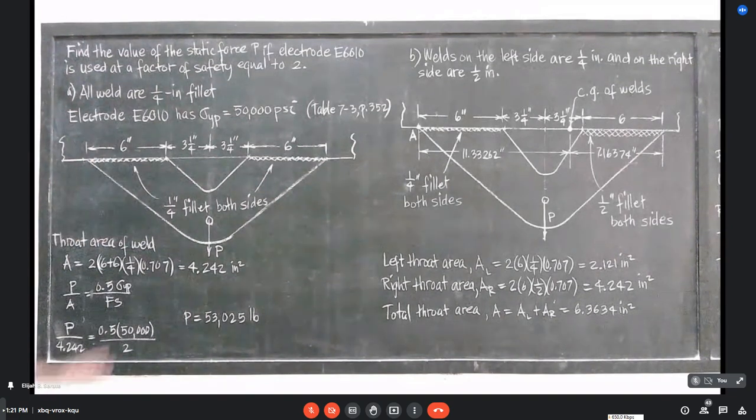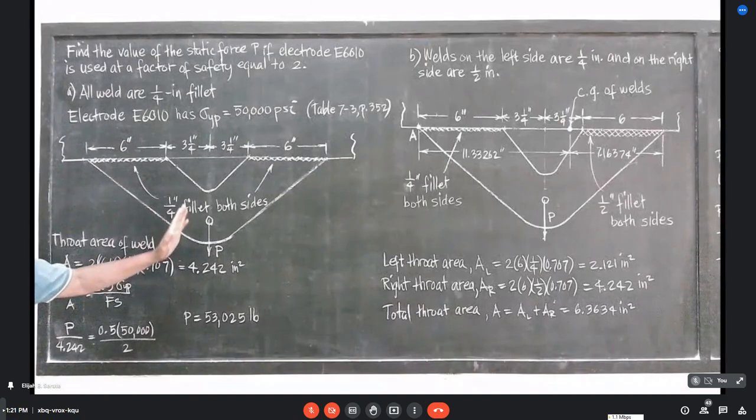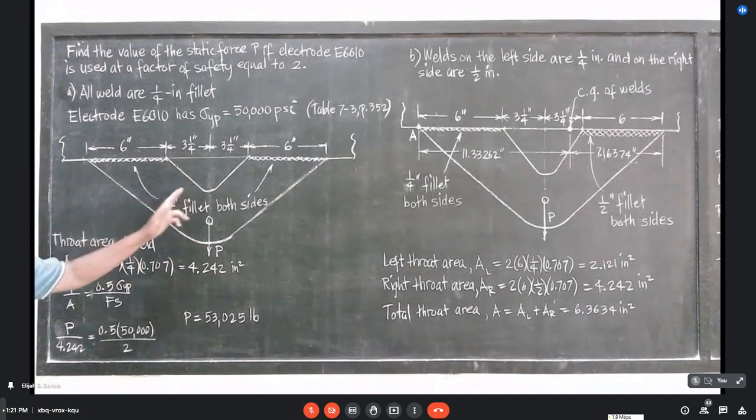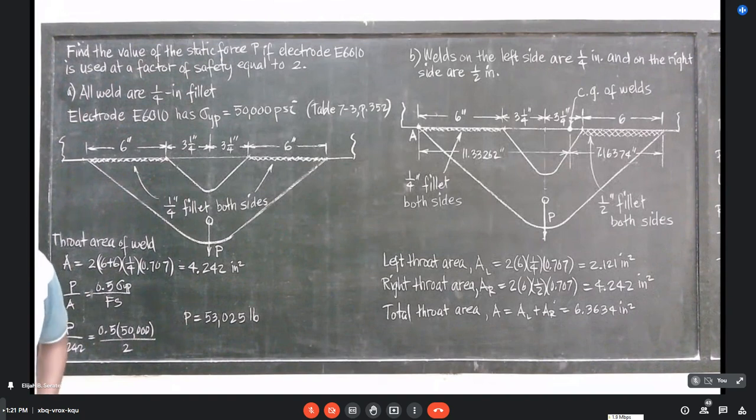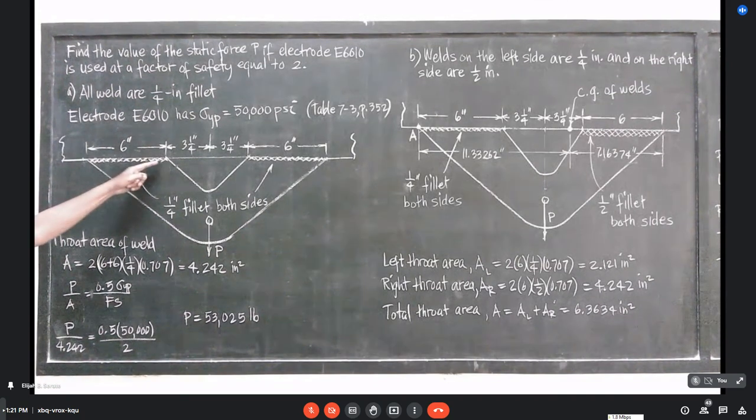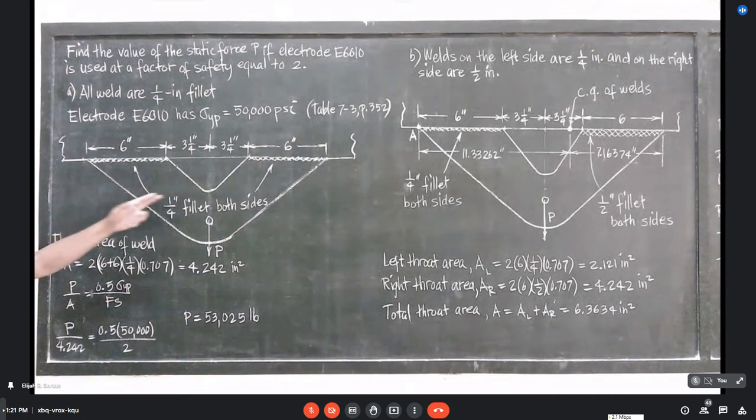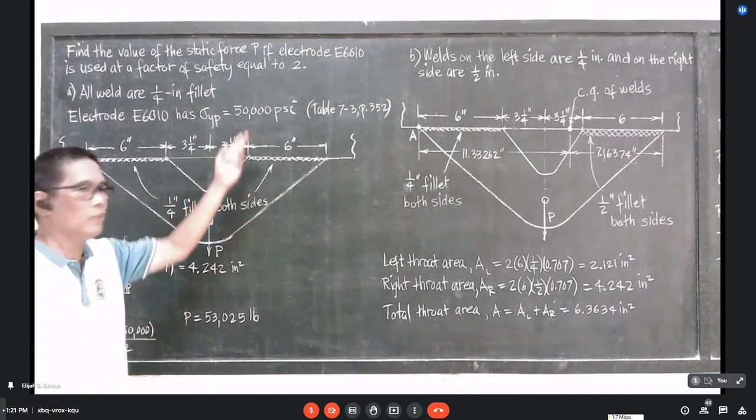Basically, since the load passes through the center of gravity, we can directly distribute the load and say that the stress is equal to P over the throat area. Our throat area: 6 on this side, 6 on the other side, another 6 on this side, and 6 on the other side.